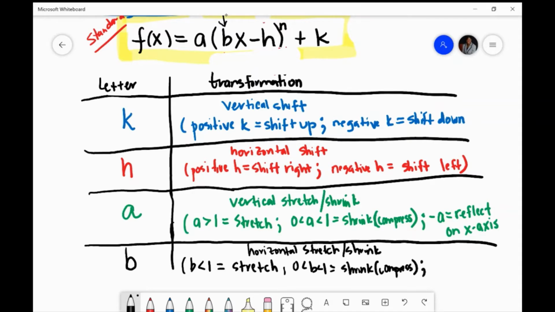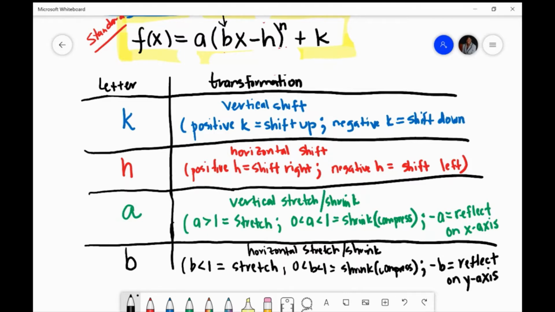What if B was negative? What does it reflect over? The x-axis. Now, the A on the outside, if the negative was on the outside, it will reflect over the x-axis. If that negative is on the inside of something, it reflects over the y-axis.